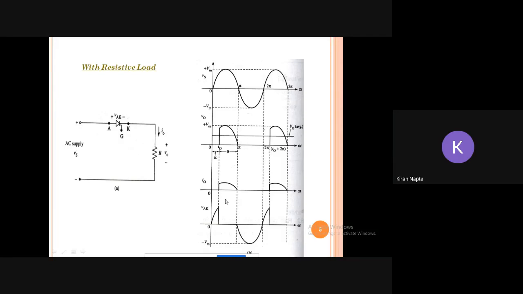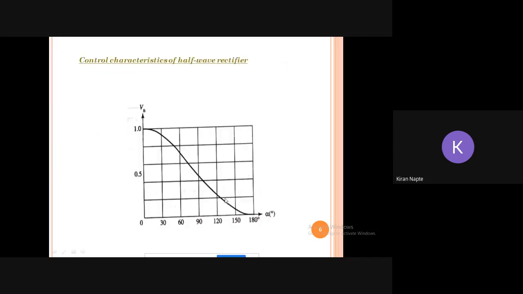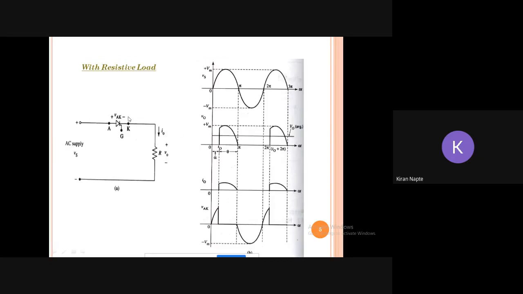We'll go to the next topic. Now, this is the single phase half wave controlled rectifier with resistive load. Basically, there are various kinds of load: resistive load, inductive load, capacitive load.